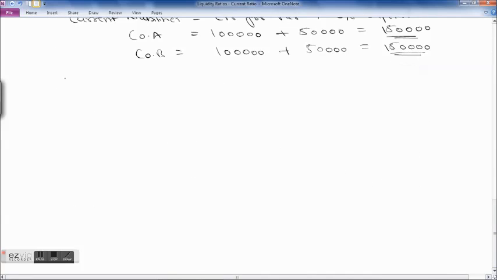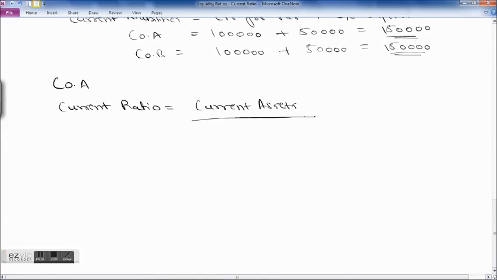Okay, so company A, current ratio, what is the current ratio formula? Current assets upon current liabilities. Okay, so company A, what is the current asset?